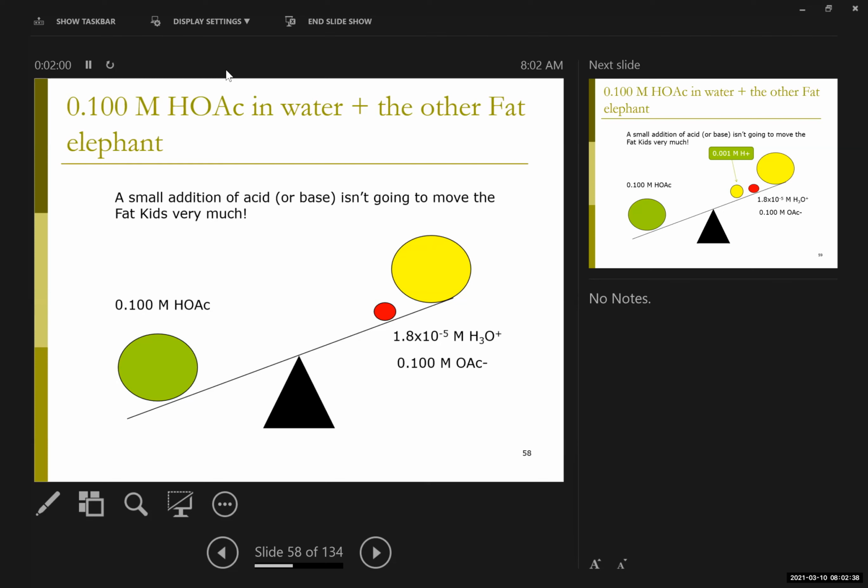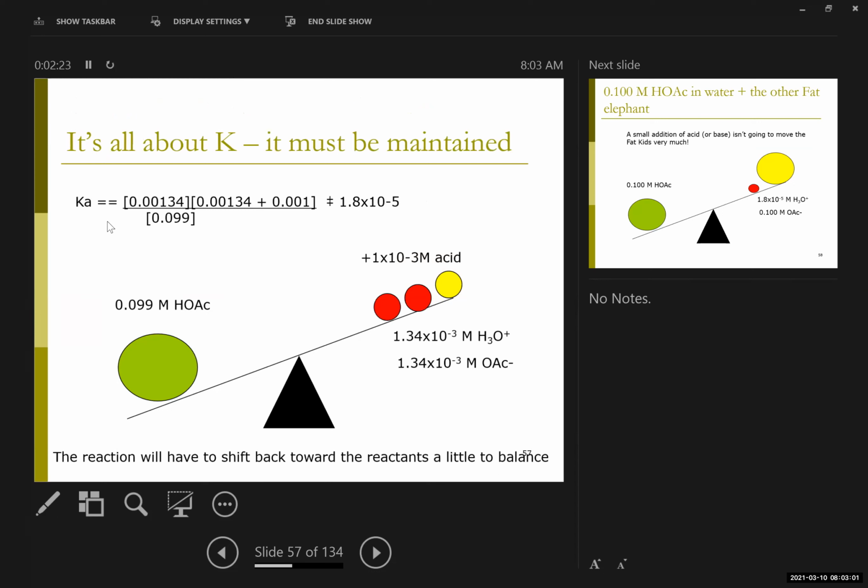But because of that large, relatively speaking, amount of the reactant and product, it does have the interesting and also useful property that it is hard to move the equilibrium, relative to a more normal equilibrium, where I'm only starting with an acid or a base.